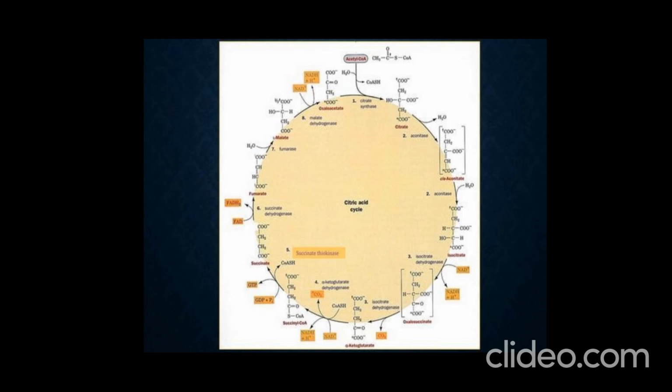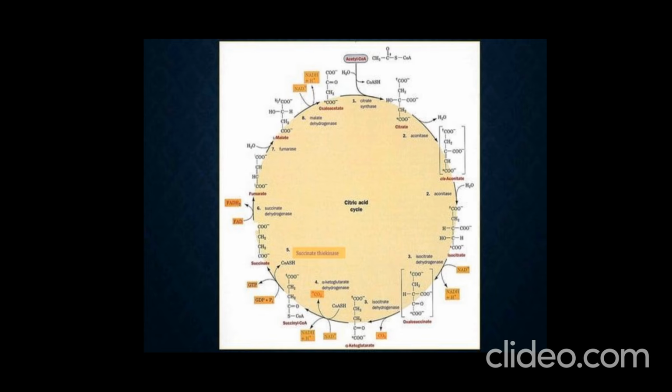Oxalosuccinate gets converted to alpha ketoglutarate, and again alpha ketoglutarate is converted to succinyl-CoA with the help of a dehydrogenase. Then succinyl-CoA is converted to succinate with the help of thiokinase, and succinate is converted to fumarate with the help of a dehydrogenase. Fumarate is converted to malate, and malate is converted to oxaloacetate.